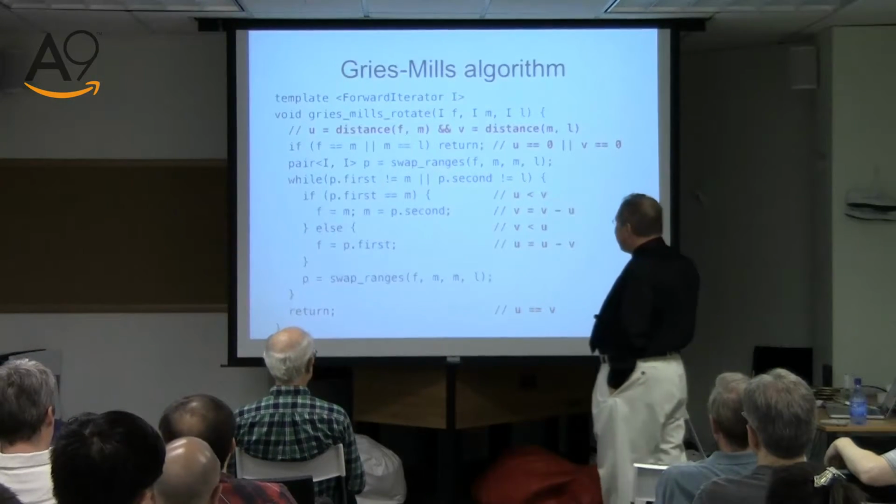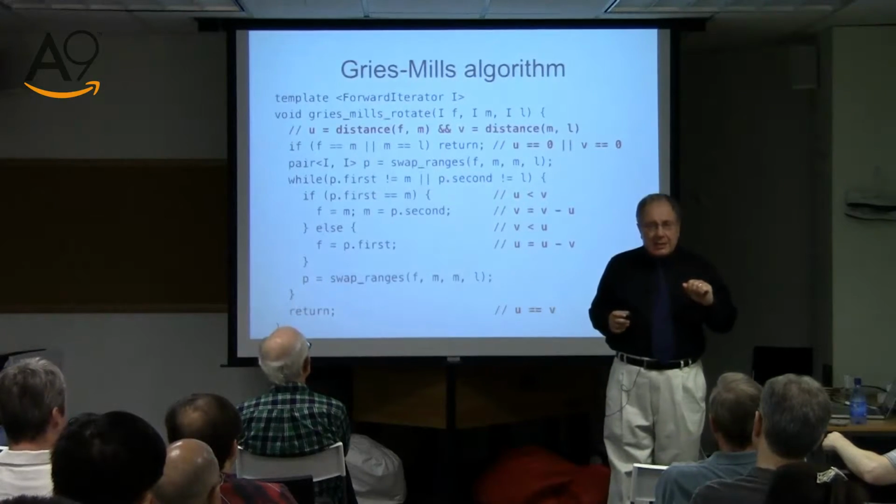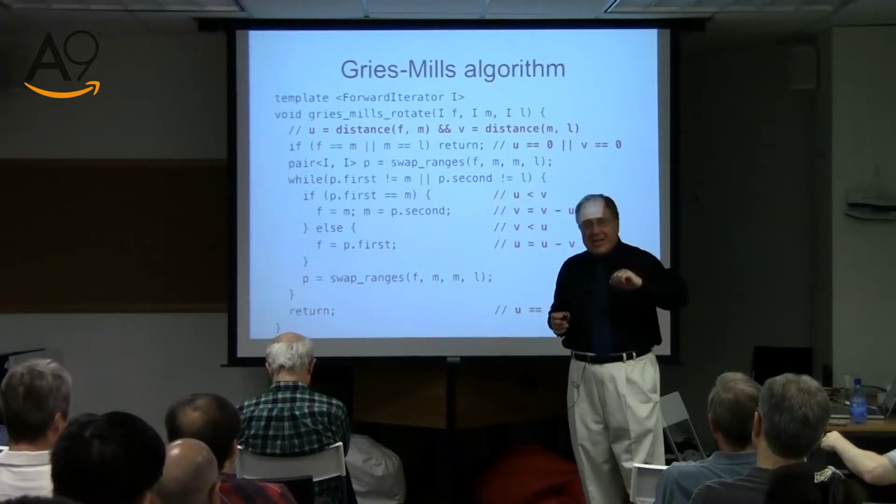Once upon a time, there were two people, Gries and Mills, a very strange couple. And I have to tell you a little bit about them. David Gries is a very important semi-theoretical computer scientist. He is at Cornell. At Cornell, he is a practitioner, because we will encounter theoretical computer scientists at Cornell later.